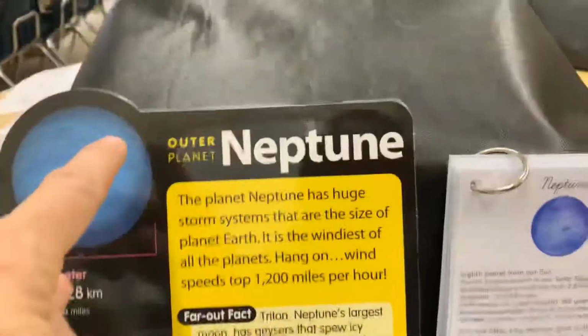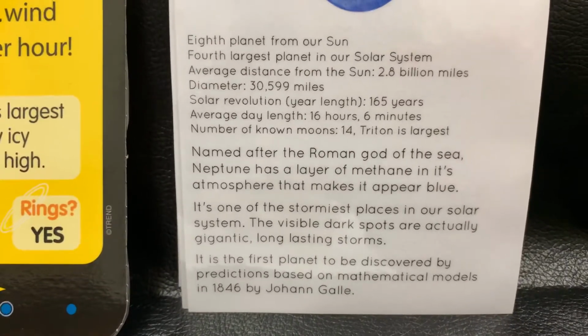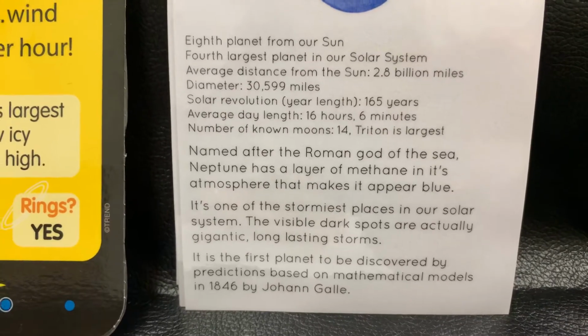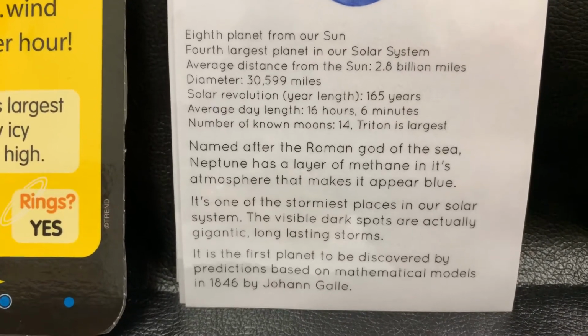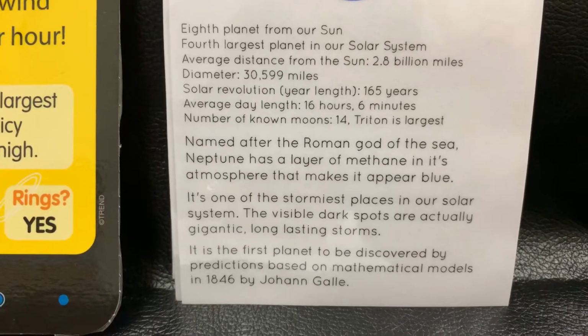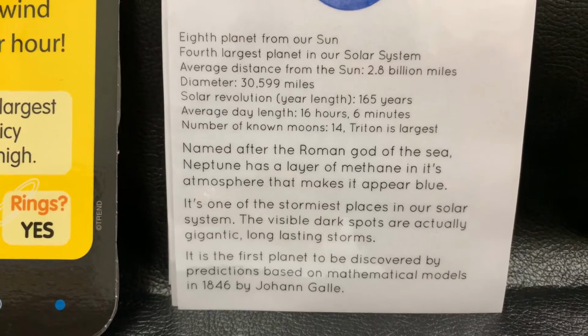Oh my goodness. One of the storms on Neptune is the size of Earth. Okay, let's see if there's other interesting facts here. Named after the Roman god of the sea, Neptune has a layer of methane in its atmosphere that makes it appear blue. Do you remember that? And it's one of the stormiest places in our whole solar system.